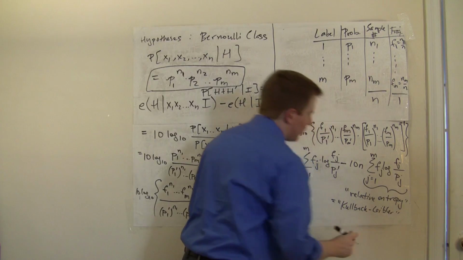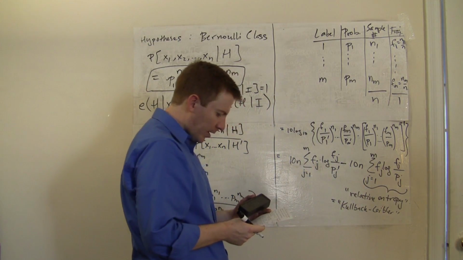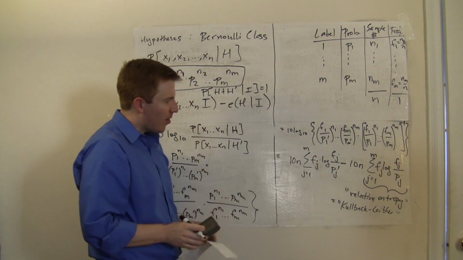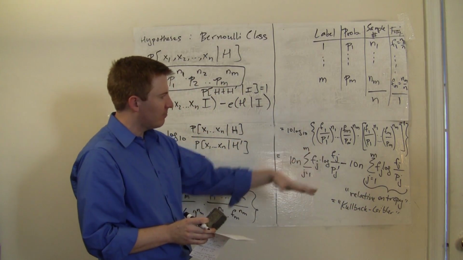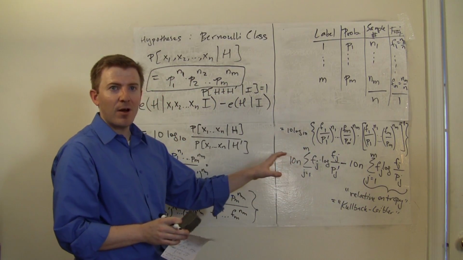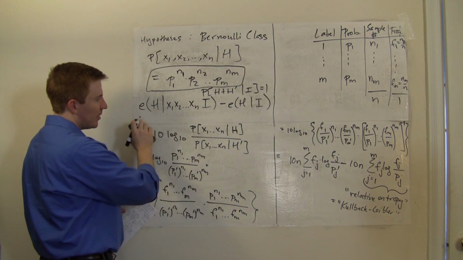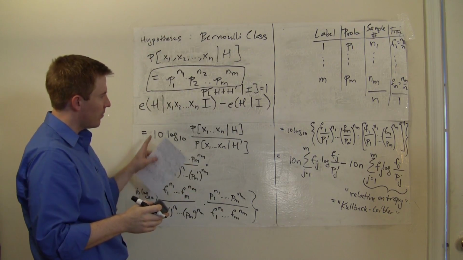And it's the Kullback-Leibler divergence of the frequencies from the probabilities. The reason that's interesting is that it's a handy way of summarizing the evidence that we get from this frequency observation.